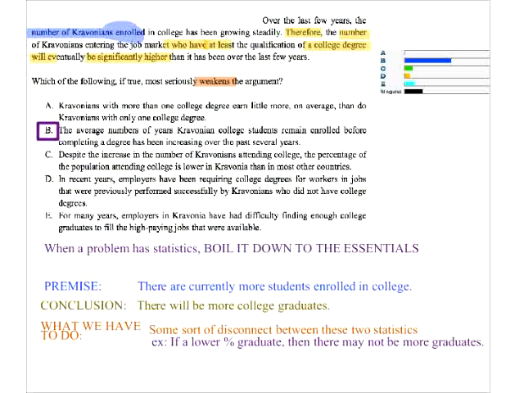What B does is say that people take longer to graduate from college. So if people are staying longer, then there will be more enrollees per graduate.